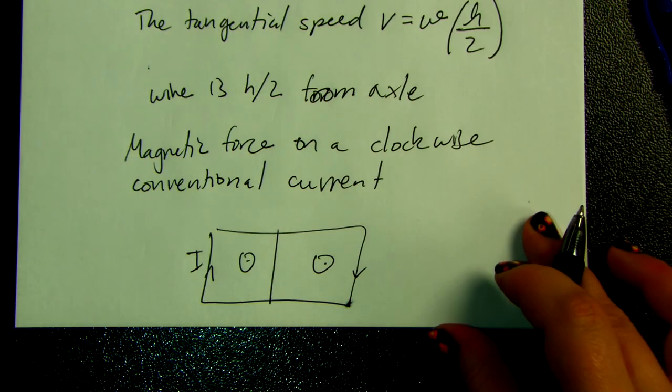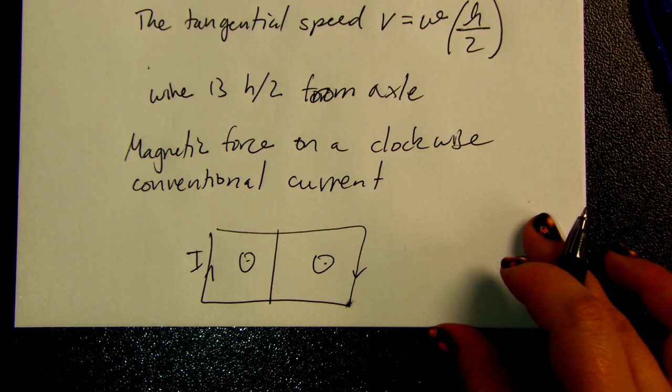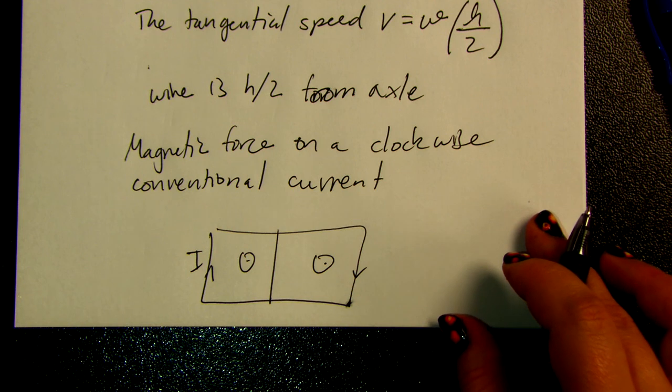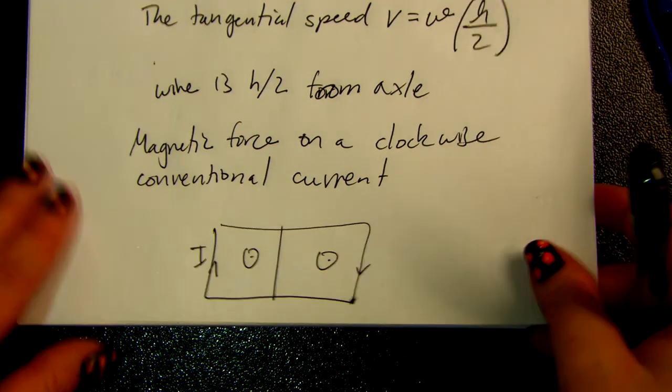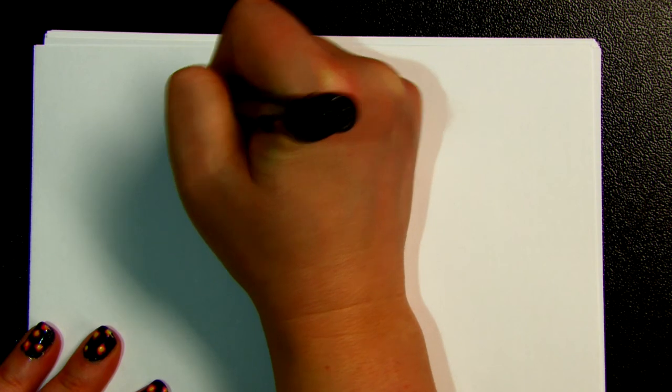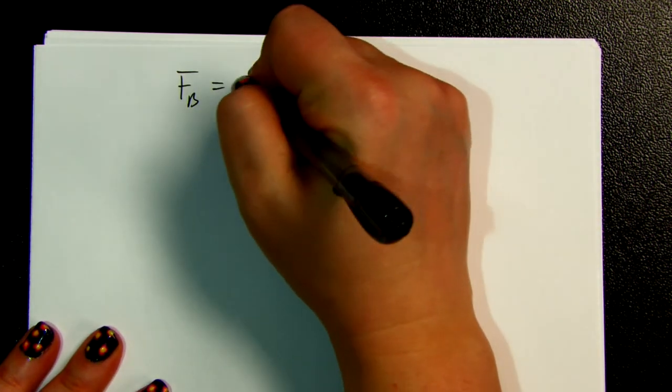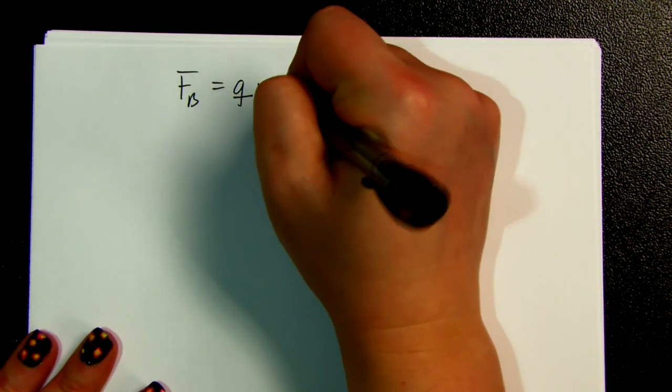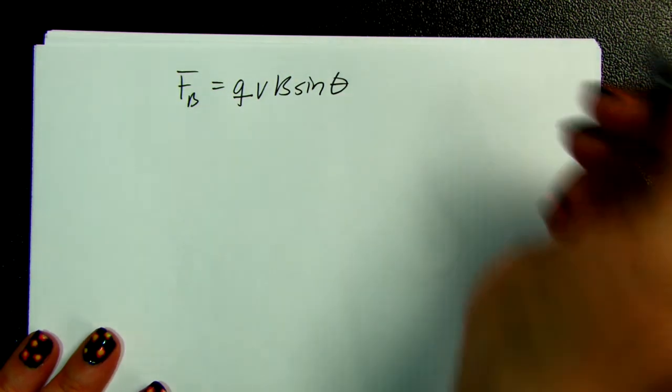The magnitude of the magnetic force at the angle theta on the charge carrier Q is going to be expressed, notice there's no vector because we're looking at a magnitude, QVB sine theta.